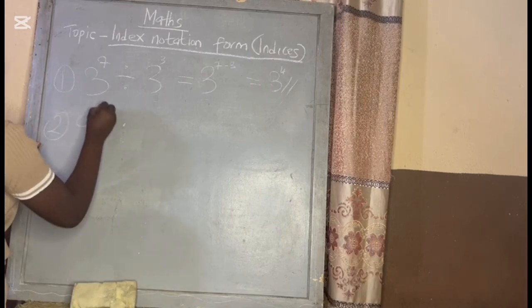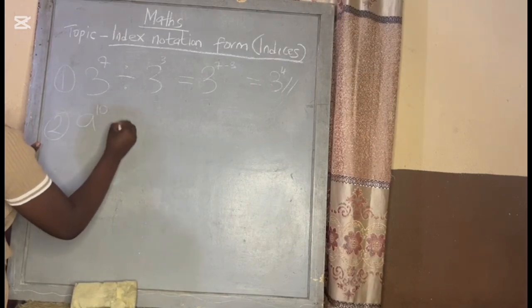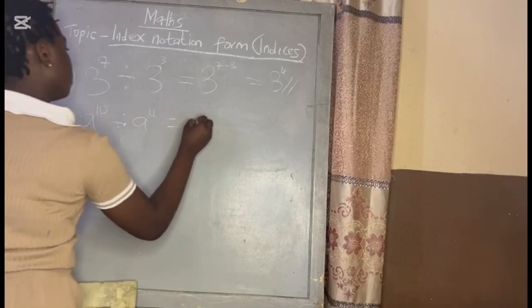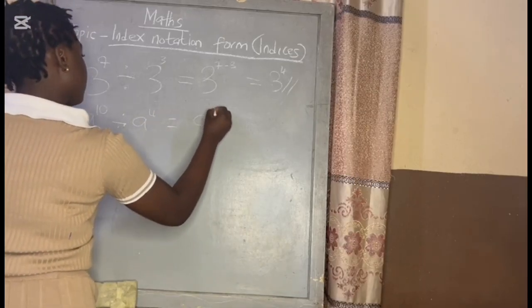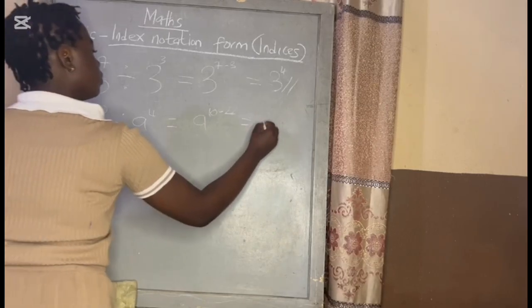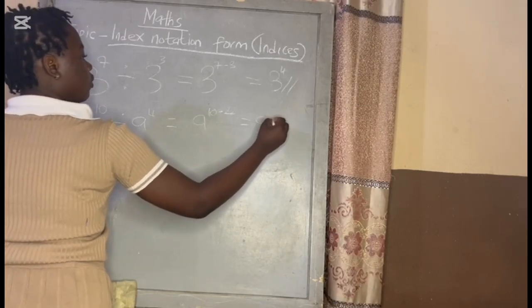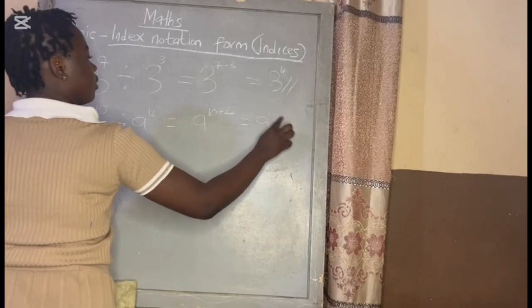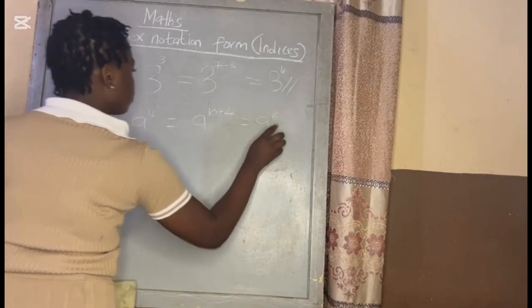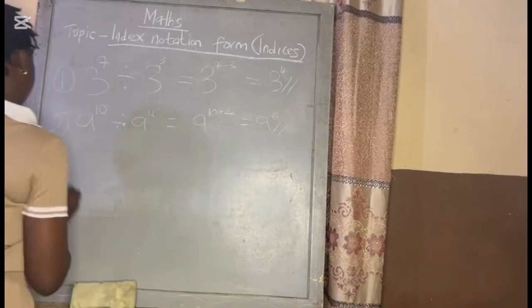Example 2, a raised to the power 10 divided by a raised to the power 4. This equals a raised to the power 10 minus 4, which is a raised to the power 6. This is our final answer.